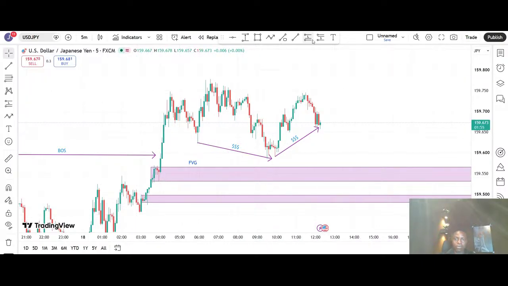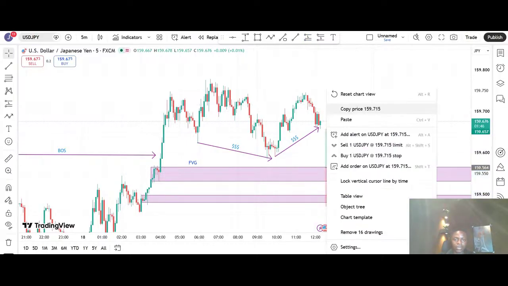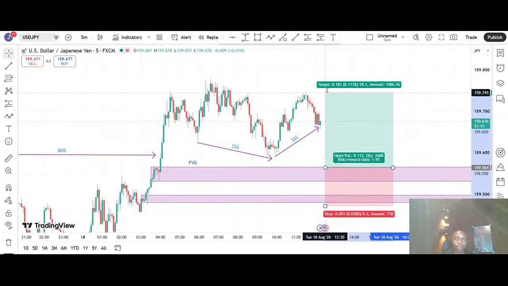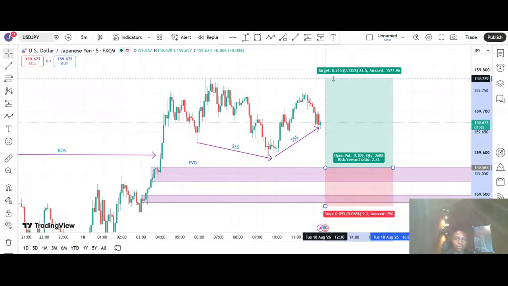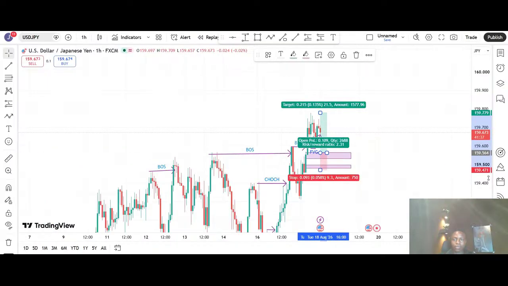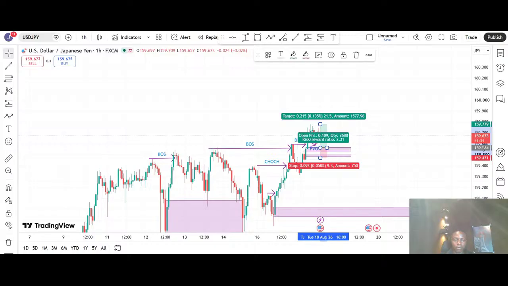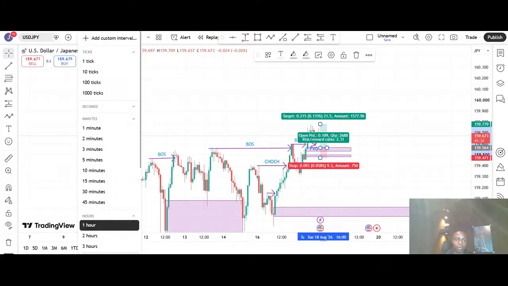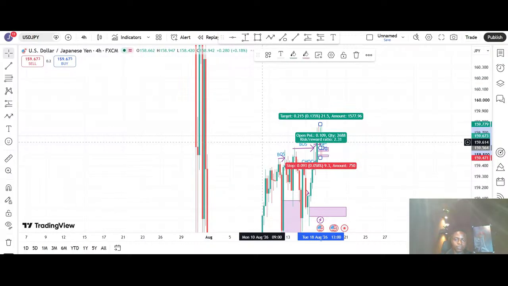So now for aggressive traders, you can actually place your trades around there, right? You can go to this to look for more opportunities. So I should be looking for, where's my 4 hour?